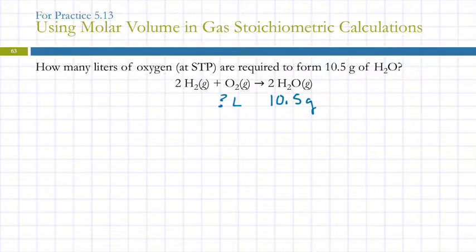What other information are we given? At STP. Okay. It's just sitting there in parentheses, but that's really important. That simplifies things. Because that means we can use the molar volume of a gas at STP. So this is how many liters at STP.